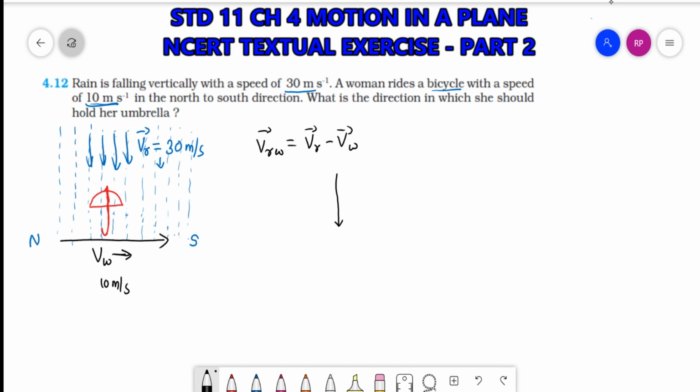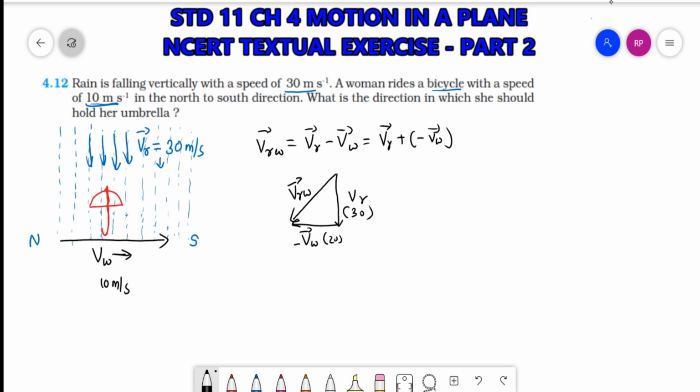Now it's minus VW, so I can write it as VR plus minus VW. VW is in this direction, so minus VW is in the opposite direction. This is VR, magnitude is 30. This is minus VW, magnitude is 10. So this will be the direction of relative velocity of rain with respect to the woman.